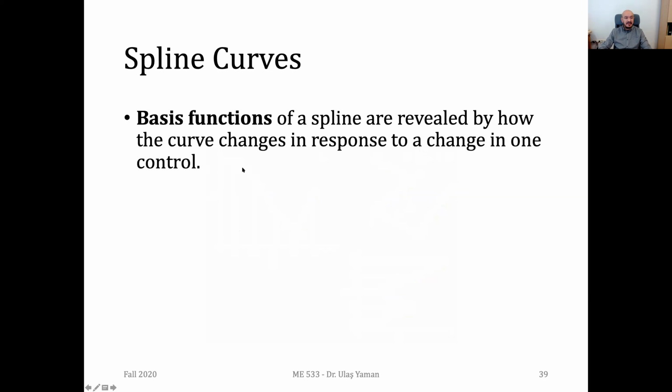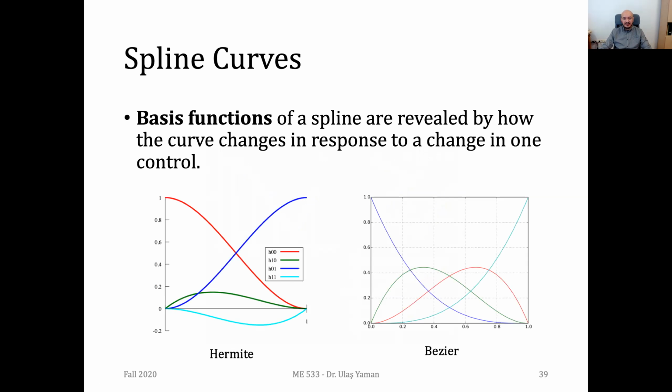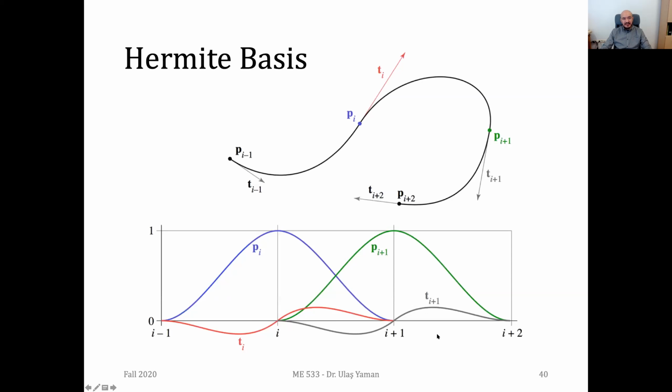So this is a very important issue. The basis functions actually control the resulting spline. So if you remember, these were the basis functions for the Hermite curves, and this is for the Bezier curves. And now I will show you that if you look at the Hermite basis functions, they're continuous, right? This is the first, or I can say that this is the intermediate part.